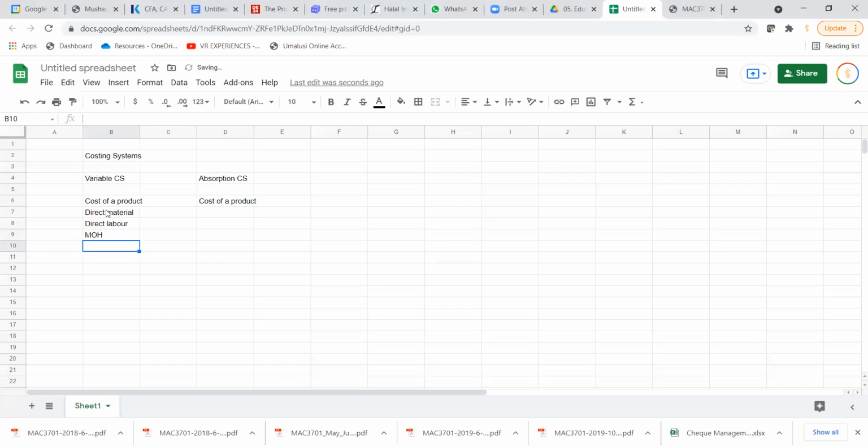Remember, when they say, dear student, determine the cost of a product, what must go through your head? That the cost of a product is made up of three things: direct material, direct labor, and manufacturing overhead. Same thing over here.